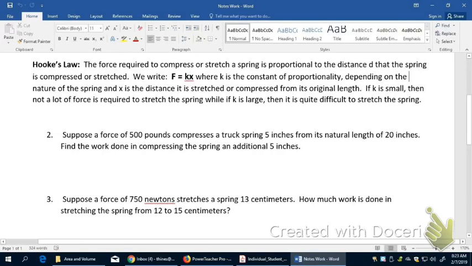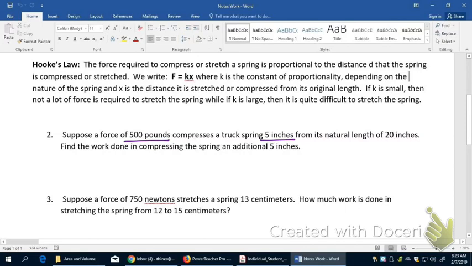Okay, so in number 2, it says, suppose a force of 500 pounds compresses a truck spring 5 inches from its natural length of 20 inches. So we have 500 pounds, and it compresses a spring 5 inches. It says the natural length is 20. We don't even have to use that 20.